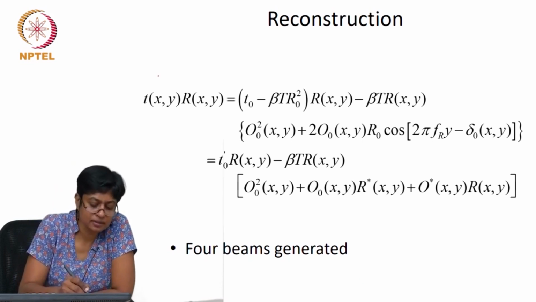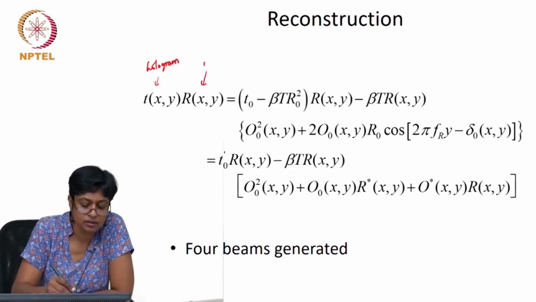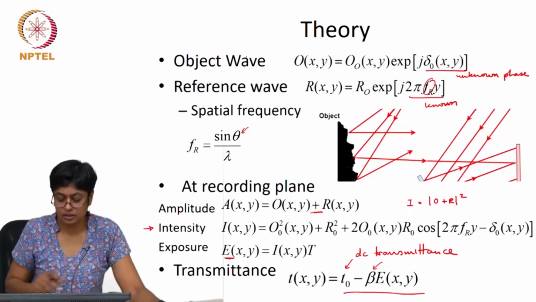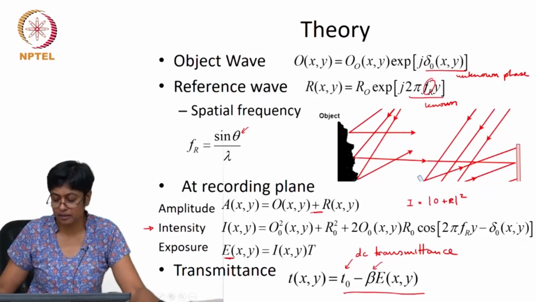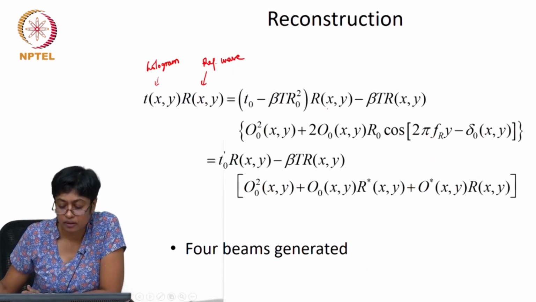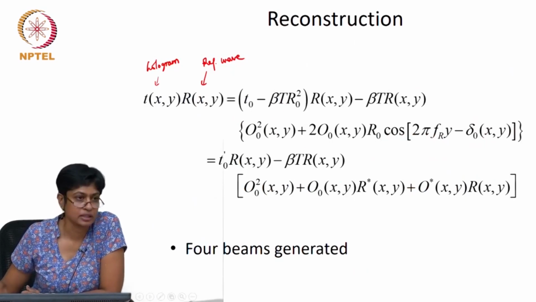So, this is our hologram, or the transmittance of our hologram. This is the reference wave, multiply them, and remember this is the expression that we had. So, this substituted into this multiplied by the reference wave is going to give me these different expressions.